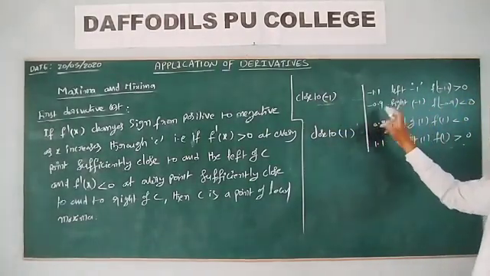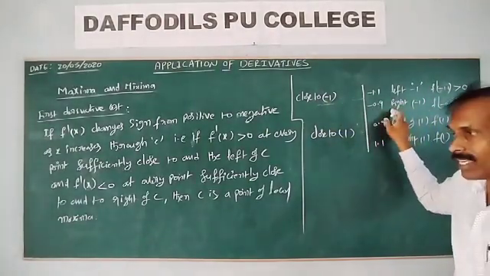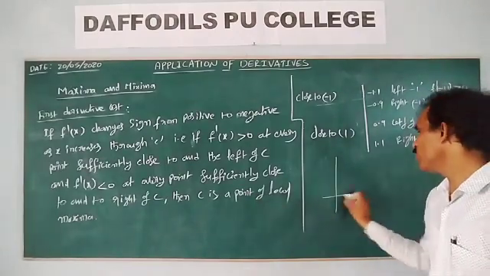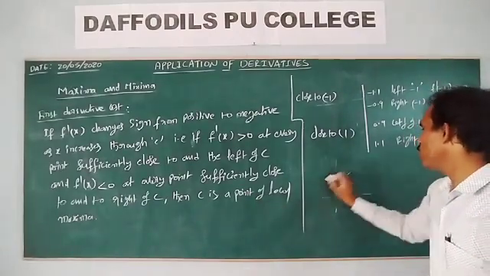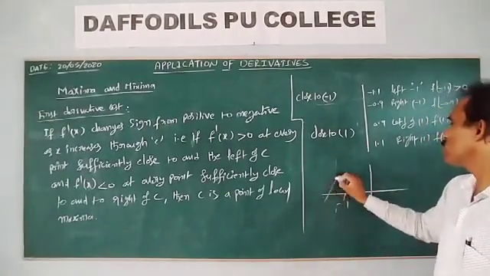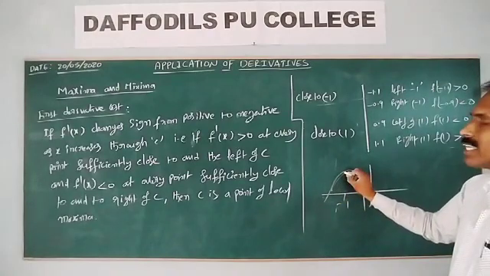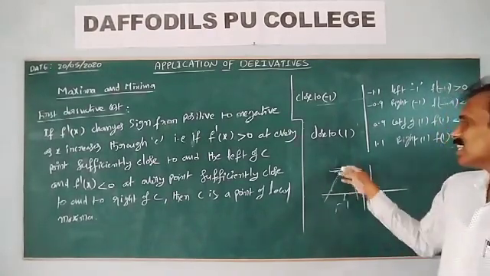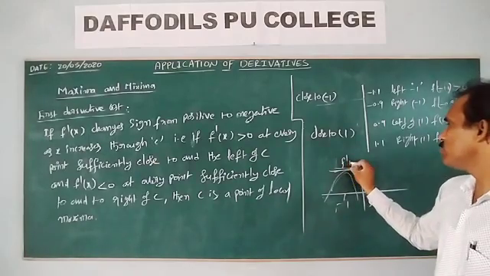Right of minus 1 means minus 0.9. Then c is a point of local maximum. Then the curve is like this one. So this is the minus 1 side. Curve increases and decreases. At minus 1, this is greater than 0.